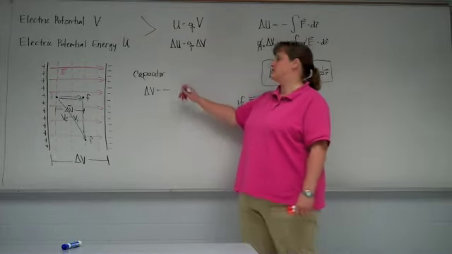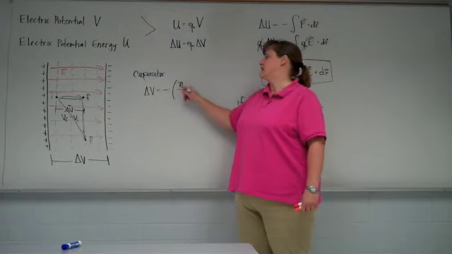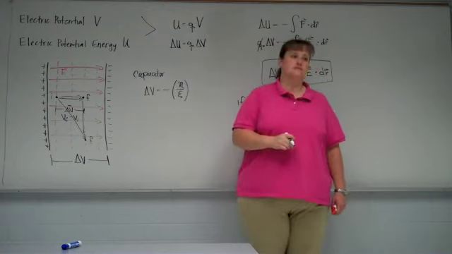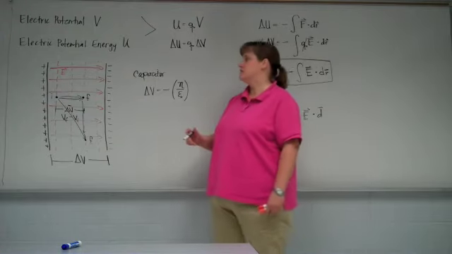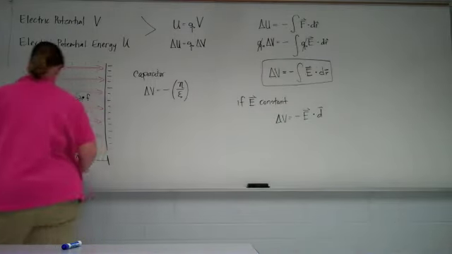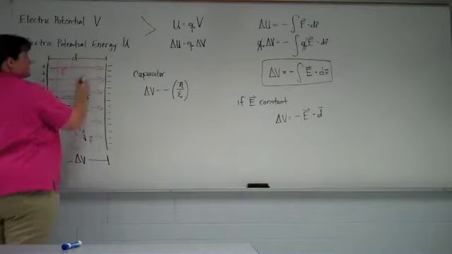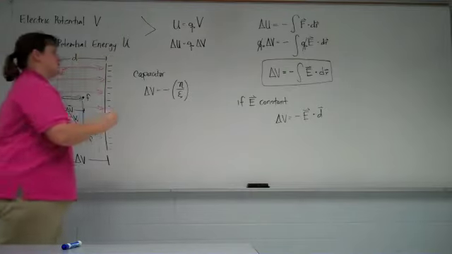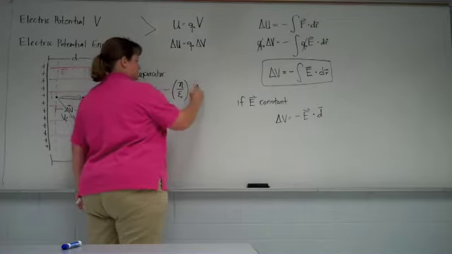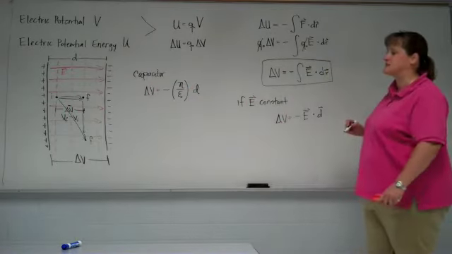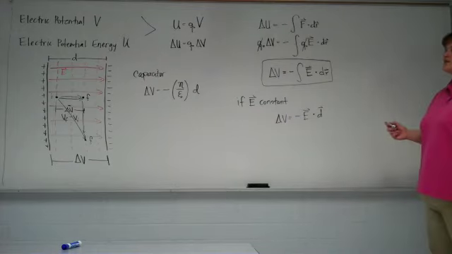The electric field for a capacitor, eta over epsilon naught, from last section. The potential difference is going to depend on the distance between these two plates, how far apart they are. So eta over epsilon naught times d, the distance between the plates. Now the negative sign.